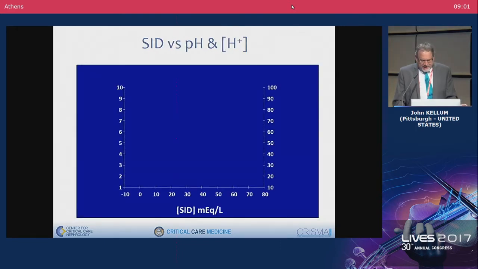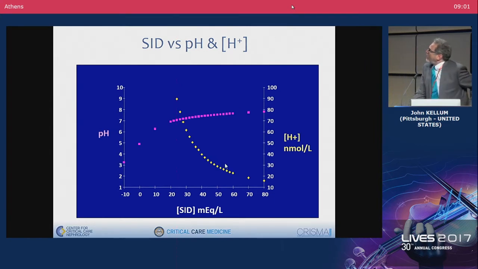You can map this out. This is a strong ion difference versus the pH or the hydrogen ion concentration. And you can see in part this is affected by the distortion that the pH scale produces on this relationship. As I decrease my strong ion difference, you and I have a strong ion difference of about 40.